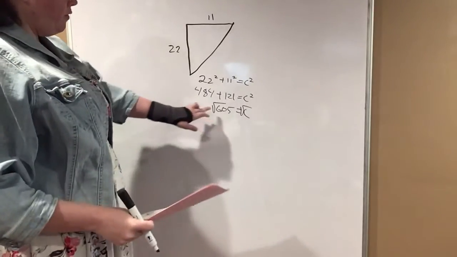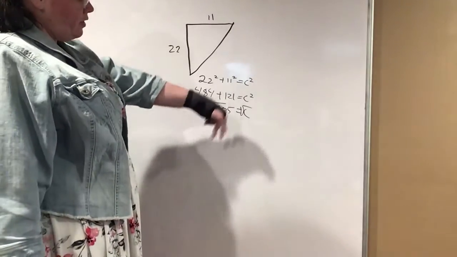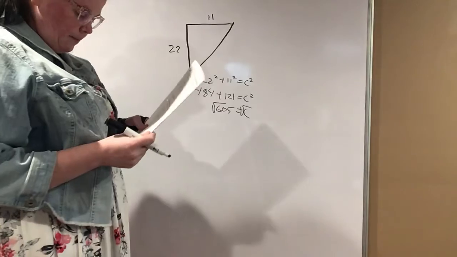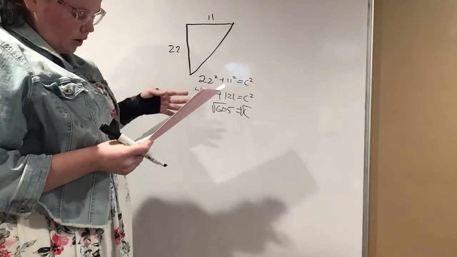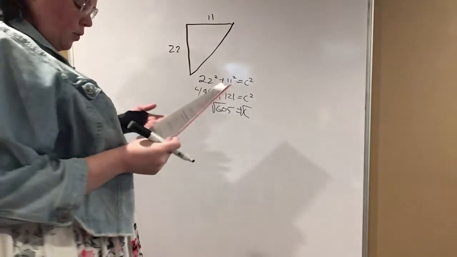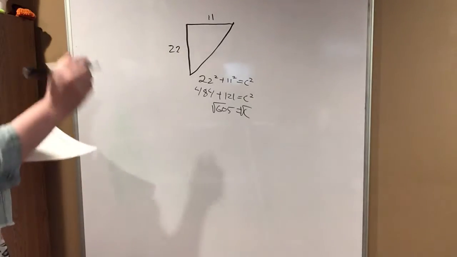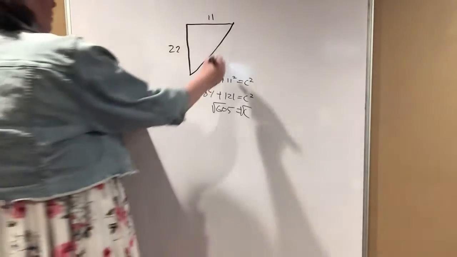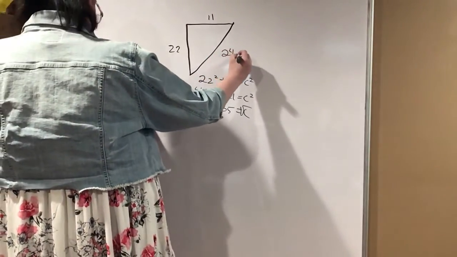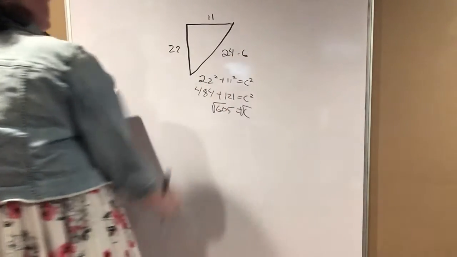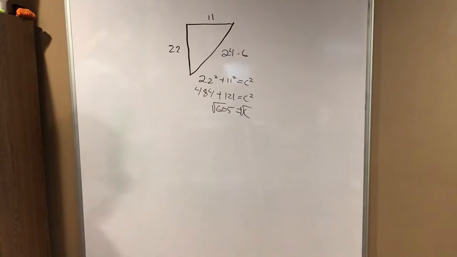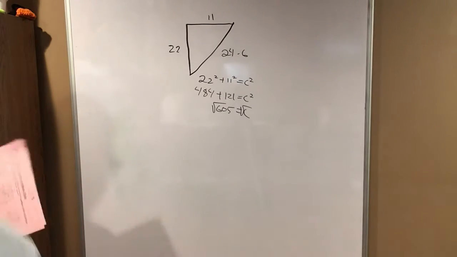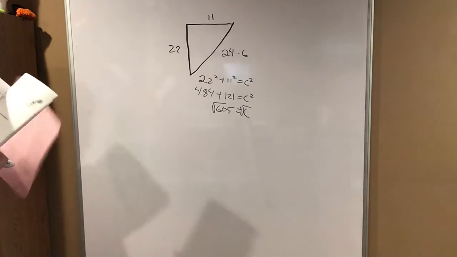Because I know that 484 plus 121 is 605, and then I knew I had to take the square root. This one just says they want you to put it into decimal form. They just want to know how far she is. So the square root of 605 is 24.6. So that's how far she is away. It's basic deductive reasoning with word problems, honestly. I used to hate them, and now word problems are probably some of my favorite things.